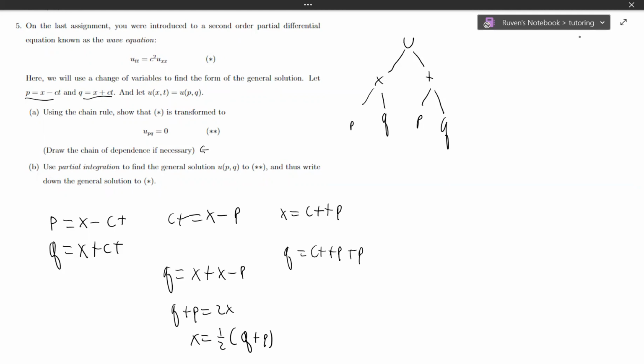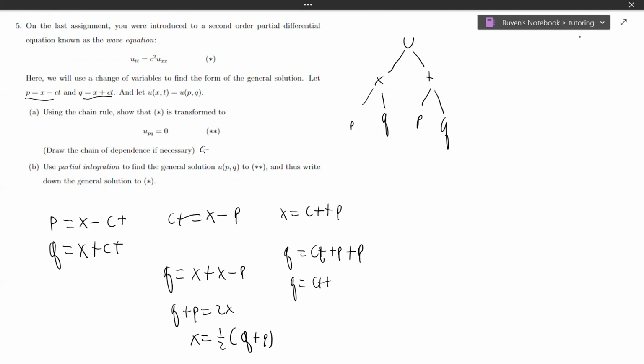And sorry if at any point my t's look like pluses. I will try to make my t's a bit curly now, so it's not as hard to confuse them. So now we have that q is equal to ct plus 2p.